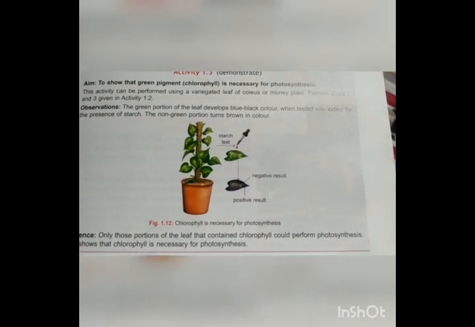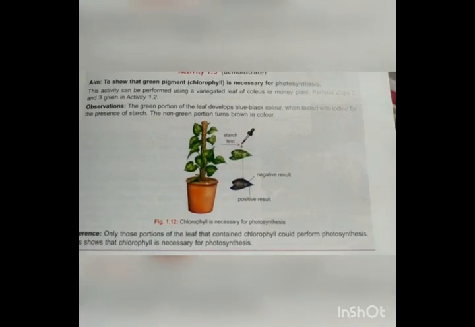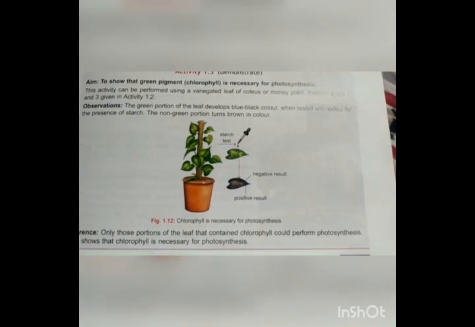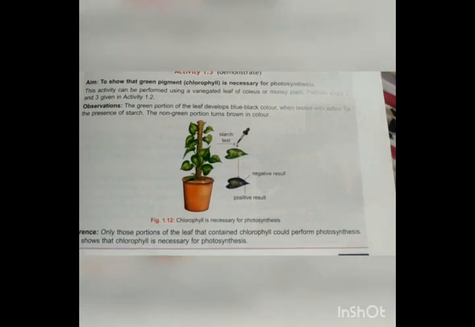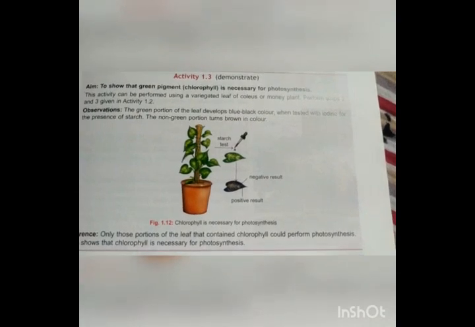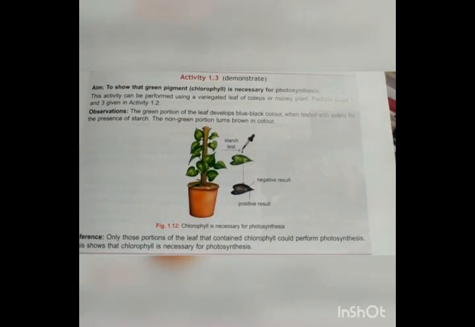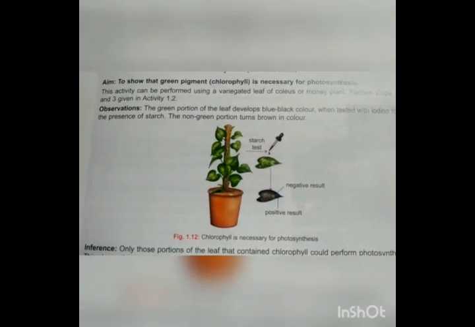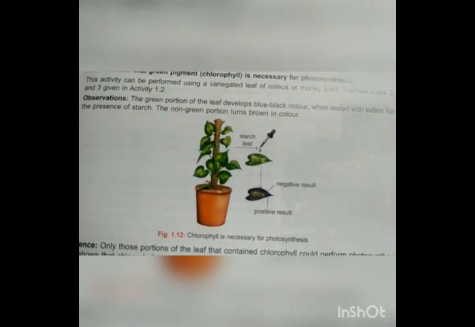It means photosynthesis has taken place only in the part which was green, not in all parts. Only the green part performs photosynthesis, not the other colors, even if the other colors are present in a higher percentage than green. Only the green pigment is necessary for photosynthesis. So you must remember these points: chlorophyll and sunlight, both are necessary for photosynthesis.